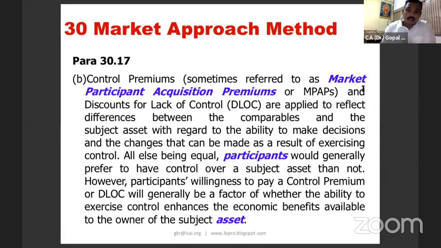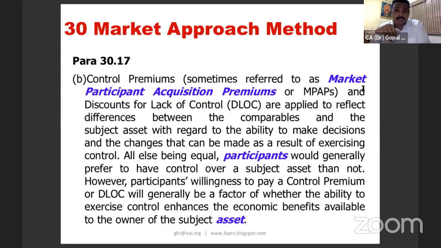You are taking a comparable company. The comparable data is given by a shareholder who is a minority shareholder. He has said, last month I closed a deal. My share was 8%, and I have sold that 8% share, and this is the price.